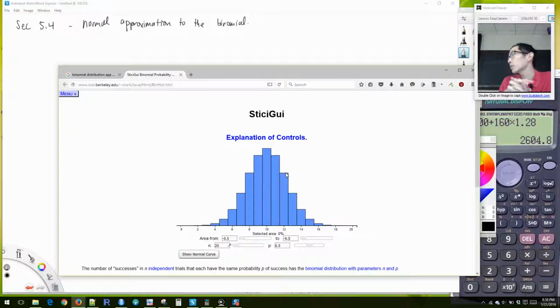If I ask something like, what is the probability I get at least 12 heads if I flip the coin 20 times, could we do that with the binomial? Yes, but it would involve lots of calculations, right? To get at least 12, I would need the probability of getting 12 heads, 13 heads, 14 heads, 15 heads, 16, all the way up to potentially getting 20 heads out of 20 coin flips.